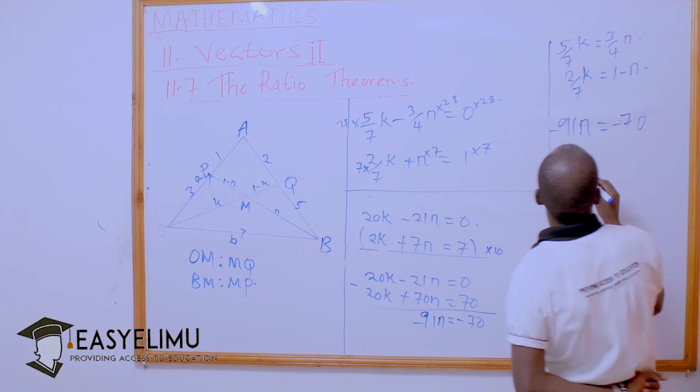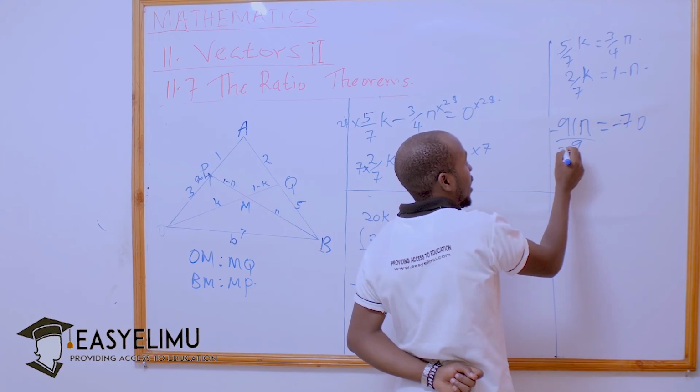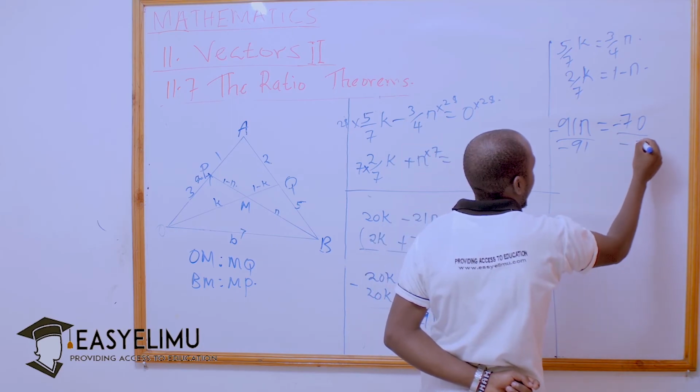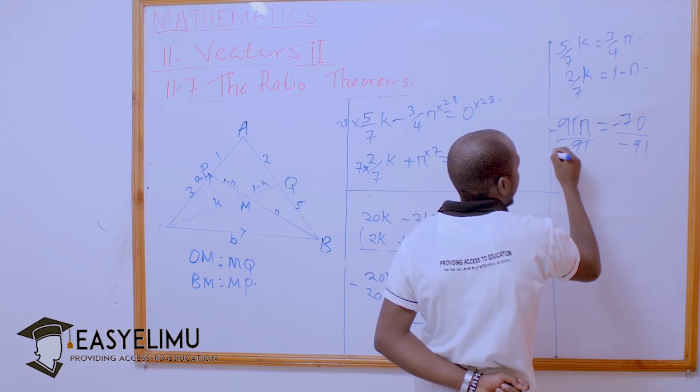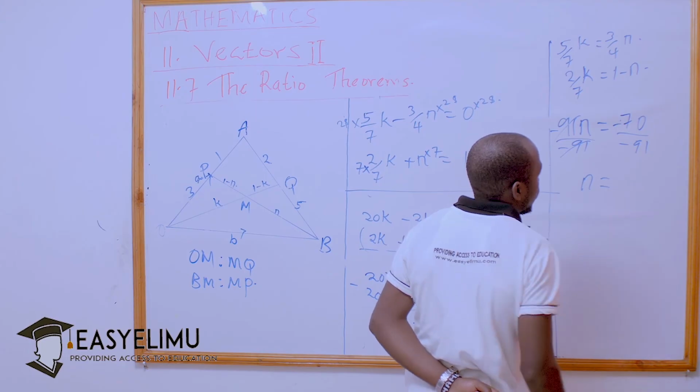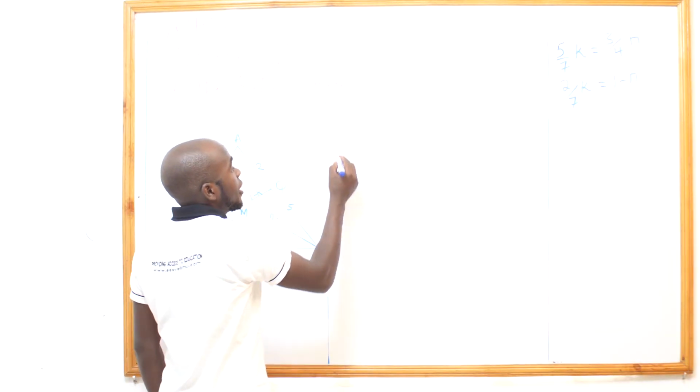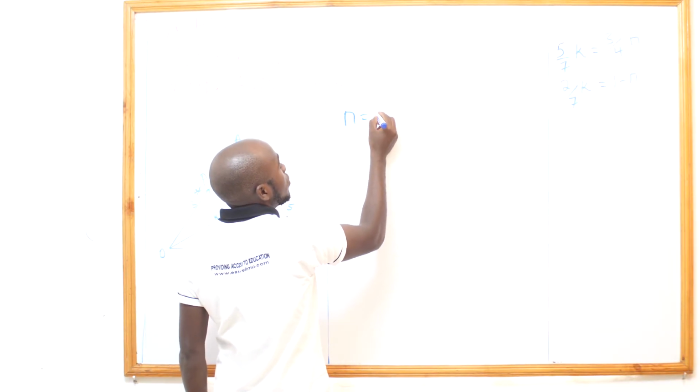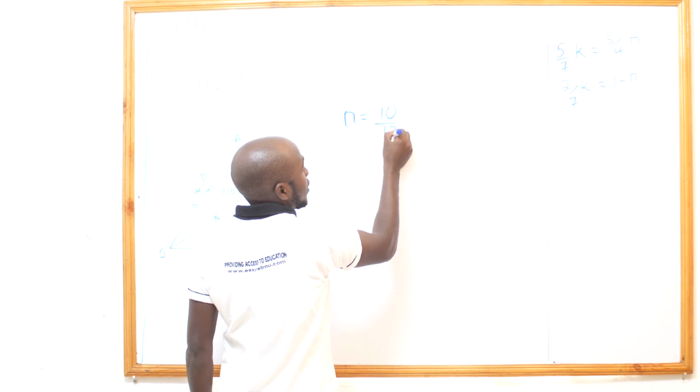So if you want the value of n, you need to divide both sides by negative 91. You will find n equals to 10 over 13.